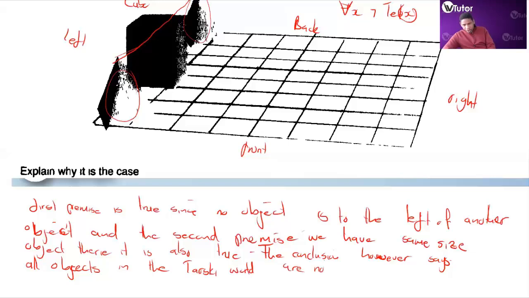All objects in the world are not tetrahedrons, whereas we see there are two in the given task world.